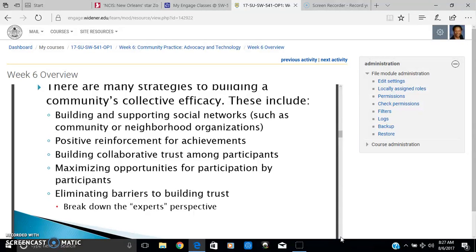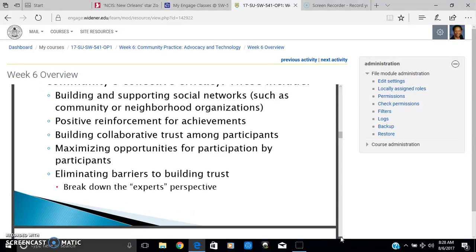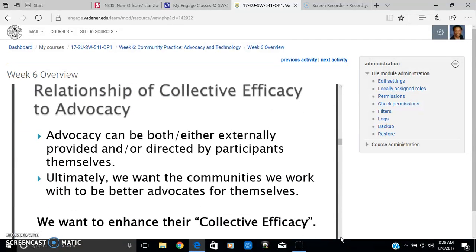So there are many strategies around building a community's collective efficacy that include building and supporting social networks, positive reinforcement for achievements, building collaborative trust among participants, maximizing opportunity for participation by participants, and eliminating barriers.